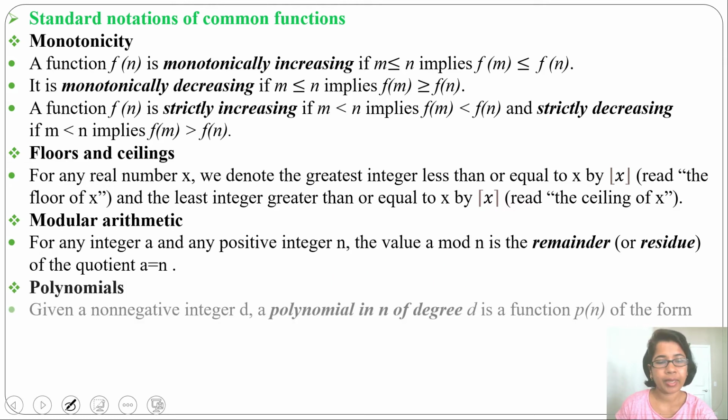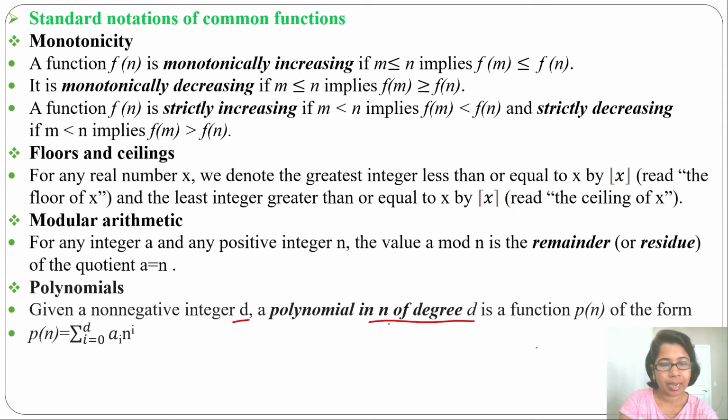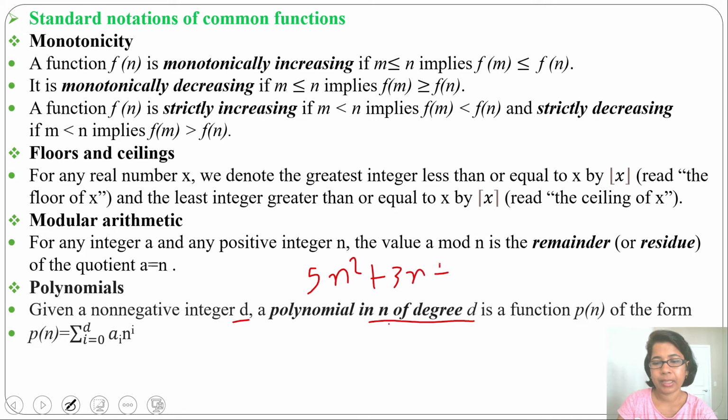Next, polynomials. Given a non-negative integer d, a polynomial in n of degree d is a function P(n) of the form P(n) equals the sum of a_i n^i for i equals 0 to d. Let 5n^2 plus 3n plus 6, this is a polynomial.